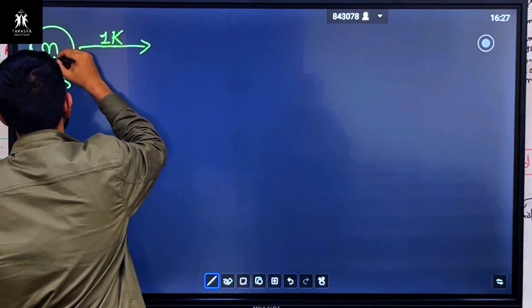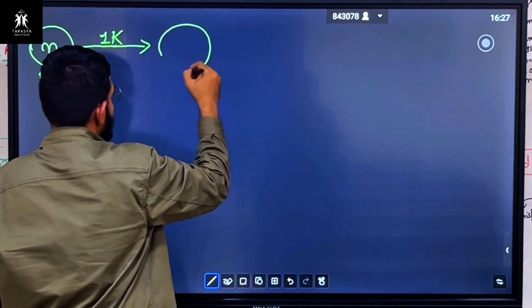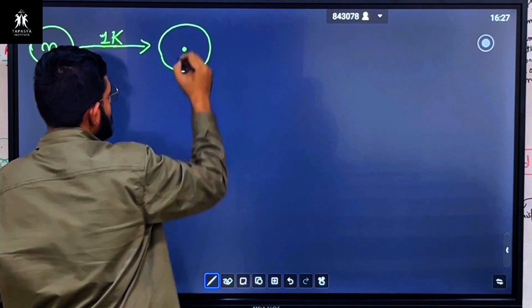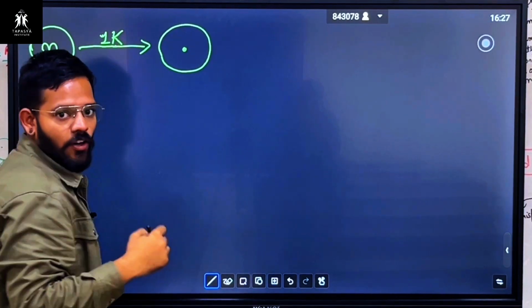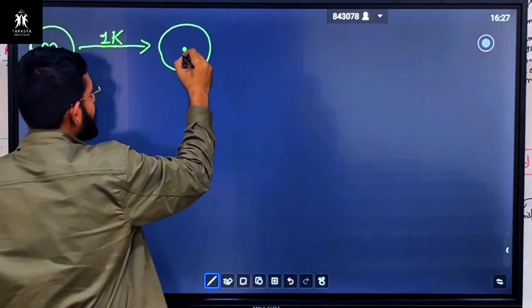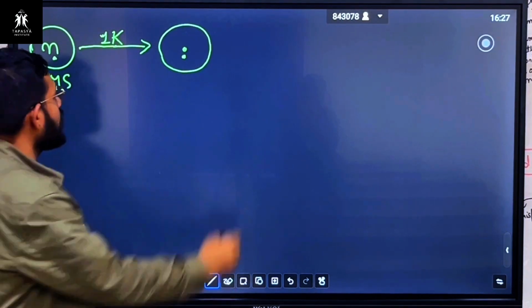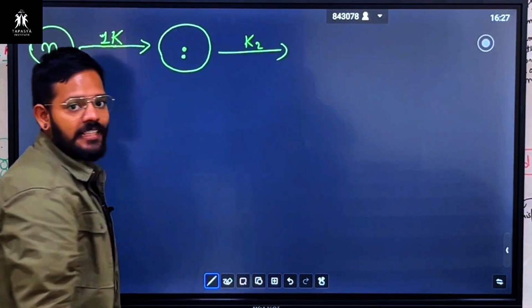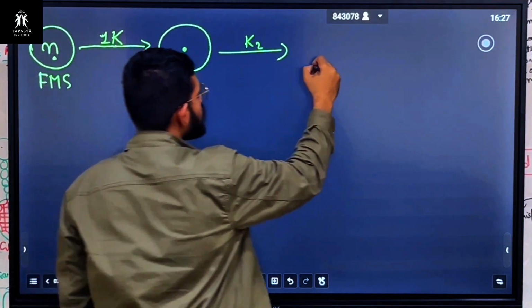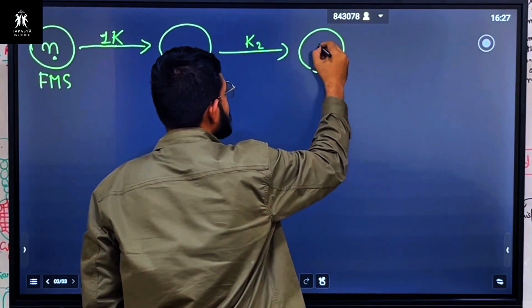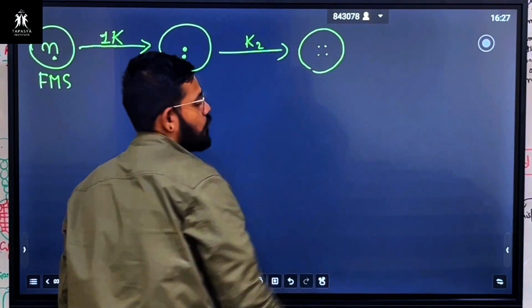Now it goes through first karyokinesis, and the nucleus which is present singly inside the functional megaspore will divide, and you get 2 nuclei inside a cell. Now karyokinesis 2 happens. These 2 nuclei will divide and form 4.